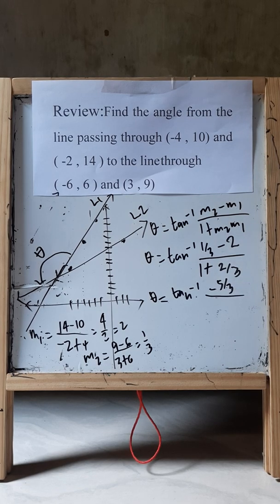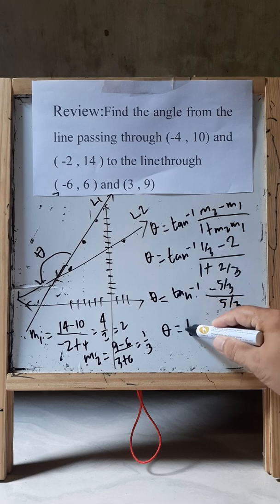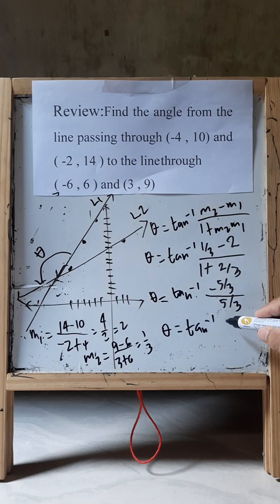And 1 plus 2/3 is 5/3. Then negative 5/3 divided by 5/3 is negative 1.